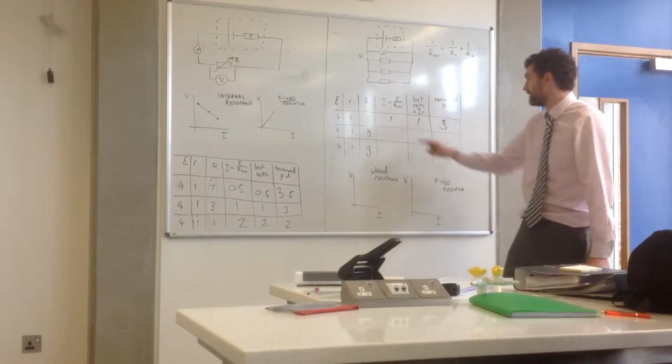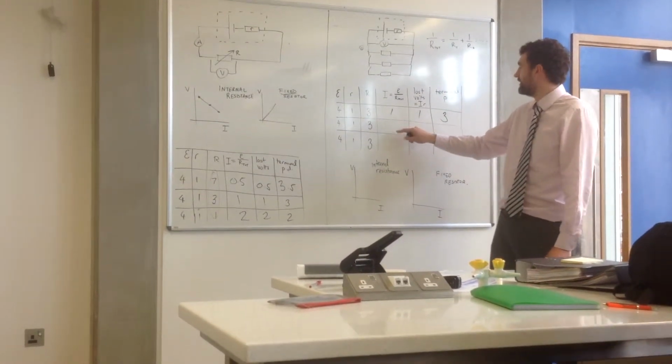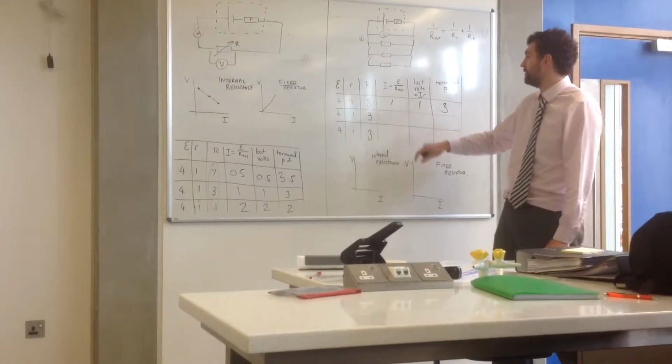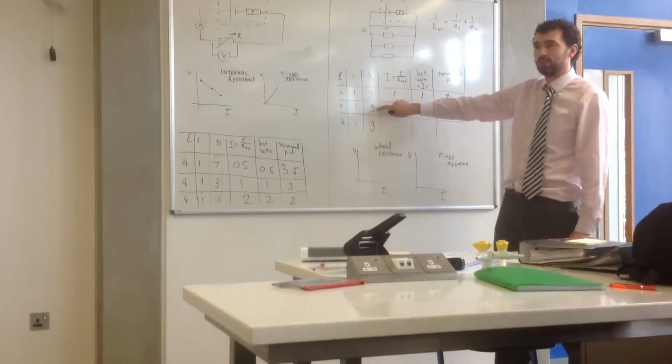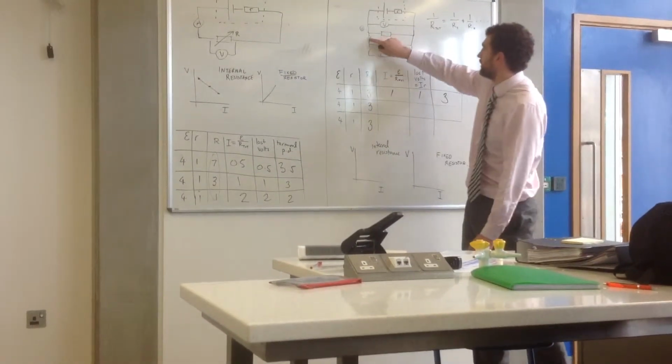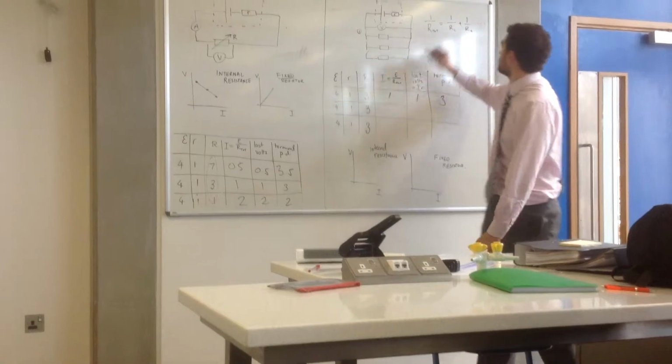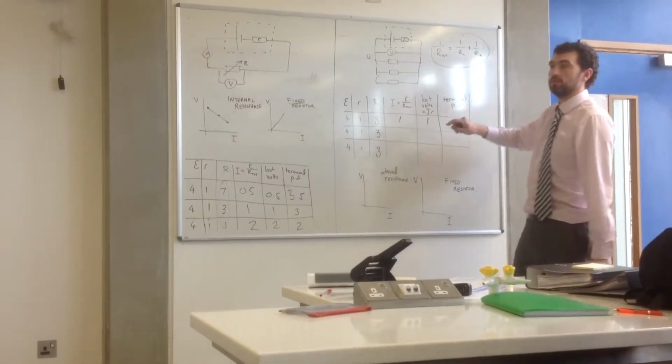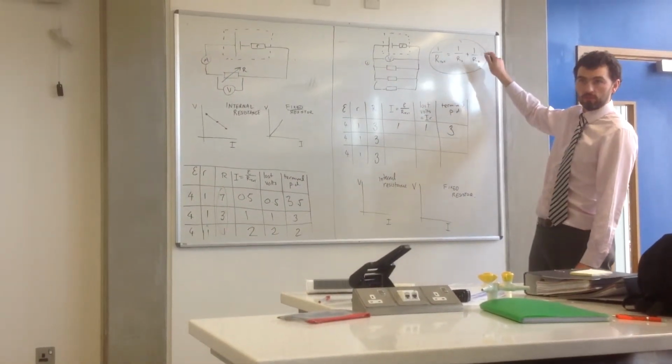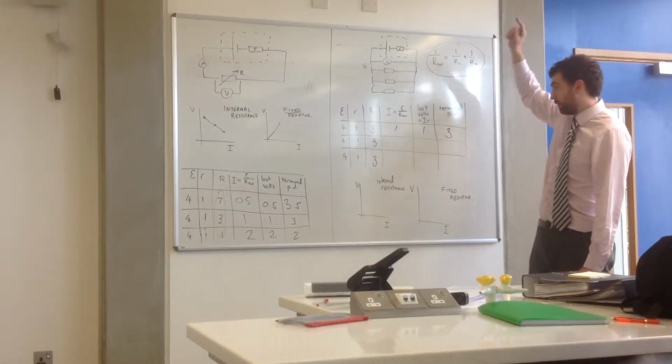Here's where I should have done my maths ahead of time. So, now the total current, what's going to happen now? Well, my resistance now is 1.5 when I close this, because I'm going to use this equation here. 1 over 3 plus 1 over 3 is 2 over 3. Flip it upside down, I get 1.5.